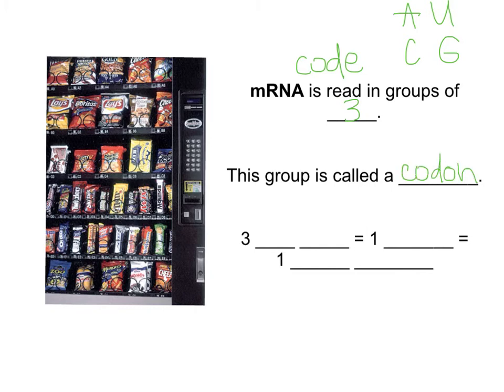It's made up of 3 of our bases. So down here might help you a little bit: 3 RNA bases equals 1 codon, and 1 codon codes for 1 amino acid.